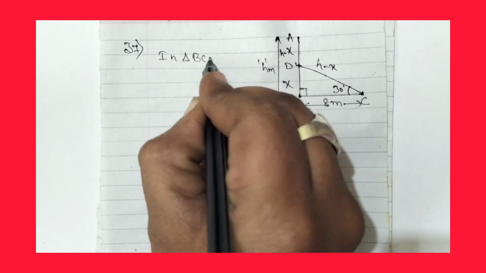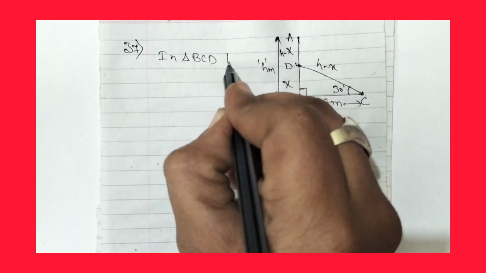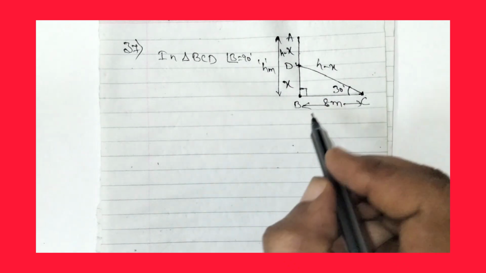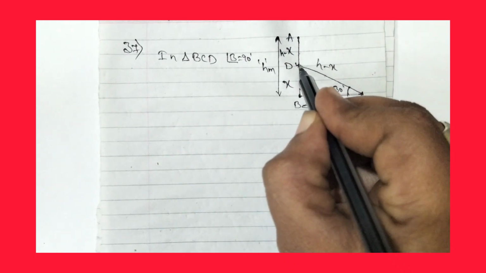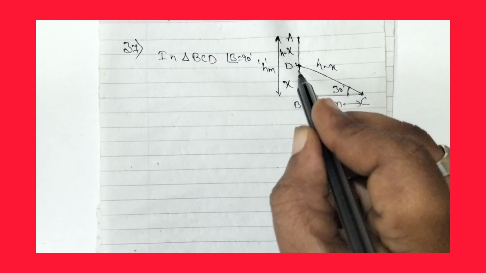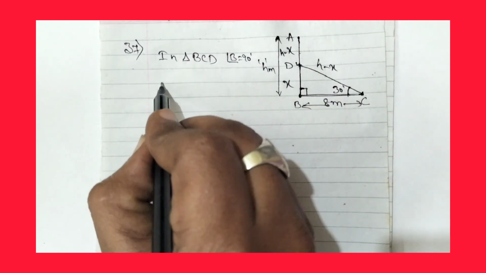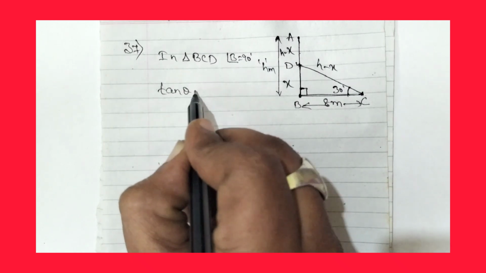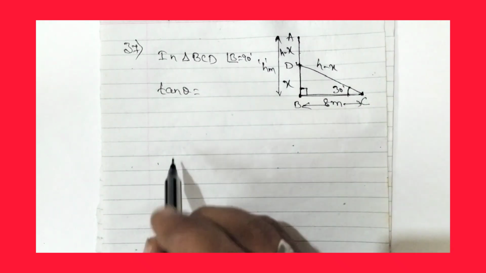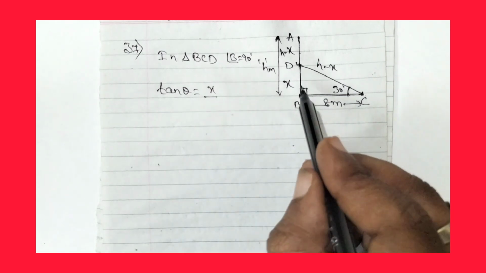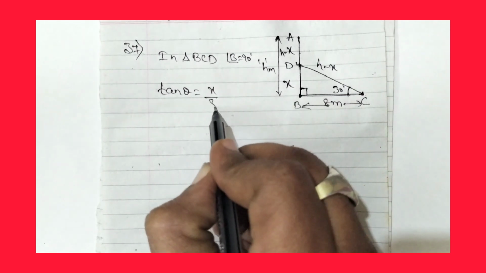In triangle BCD, angle B is equal to 90 degree. If this is theta, so this will be the hypotenuse, this will be the opposite and this will be the adjacent. So tan theta is equal to opposite by adjacent, opposite is x and adjacent is 8.